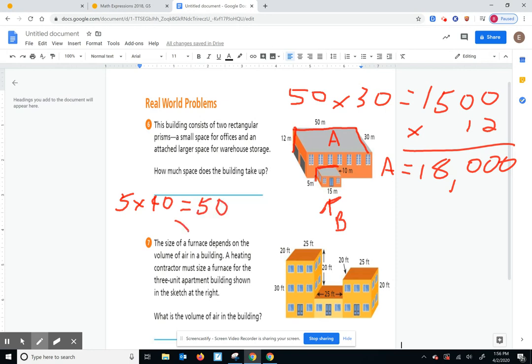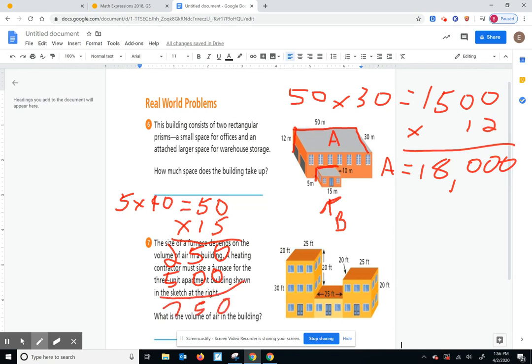And then I'm going to take that answer and multiply it by 15. Maybe not the easiest way I could have done this. I could have gone a different way, but it still gets me to the same answer of 750.